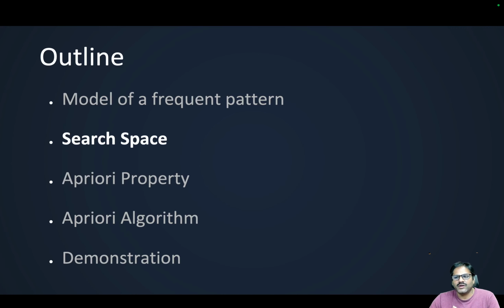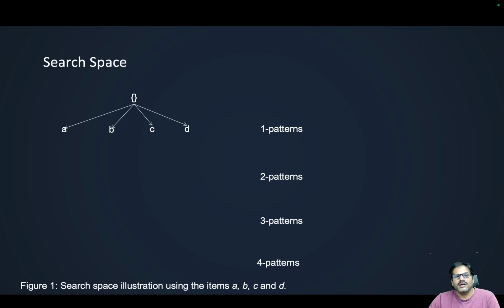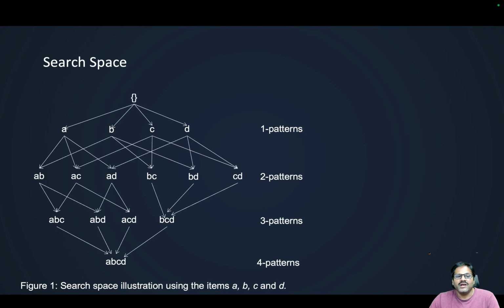Now let us look at the search space. Assume a supermarket containing 4 items A, B, C and D. If we have these 4 items, then all combinations of these 4 items represent the search space. This search space is also called item set lattice.